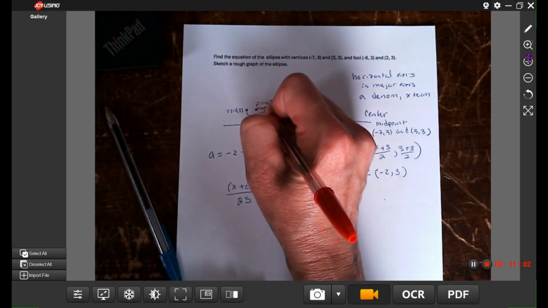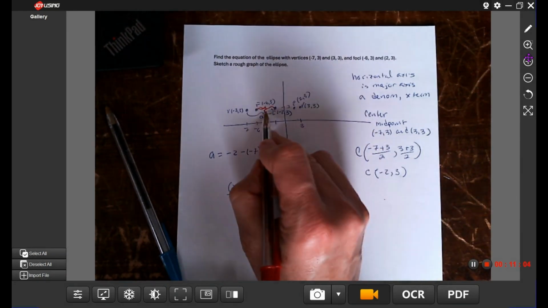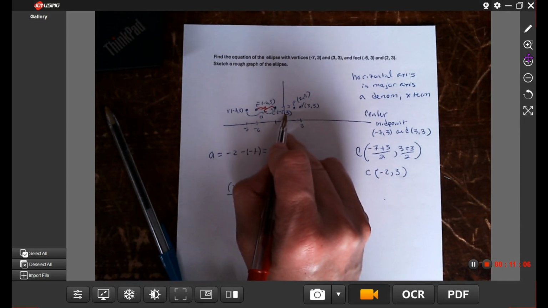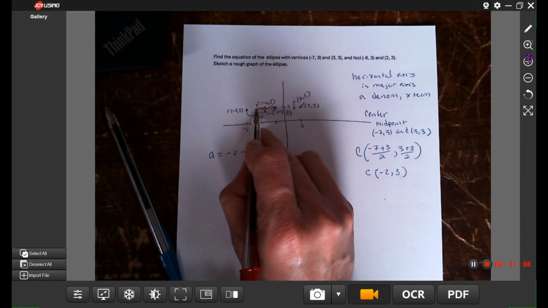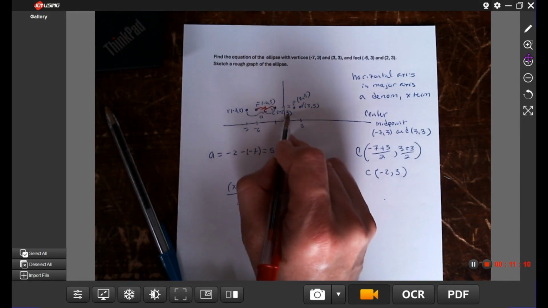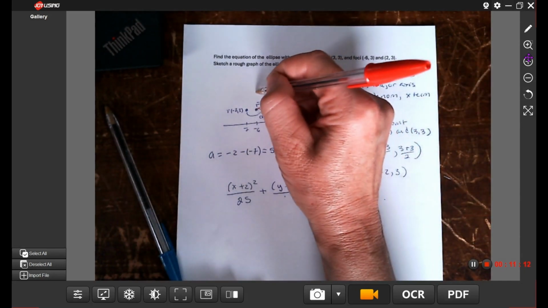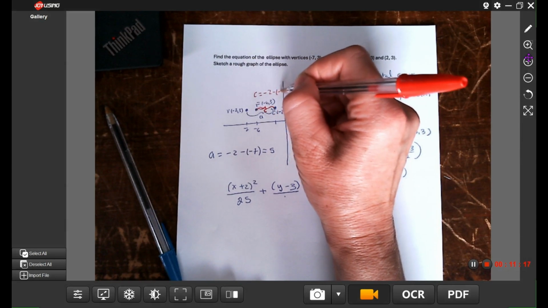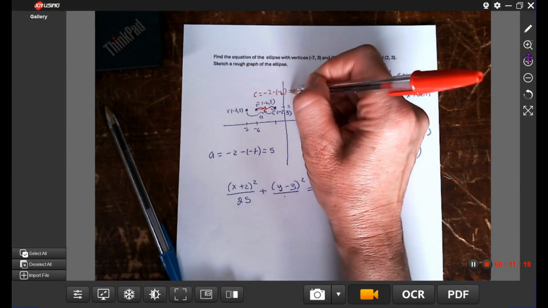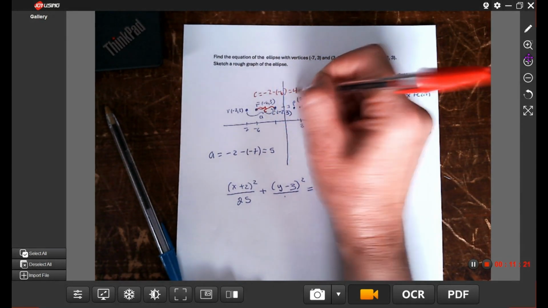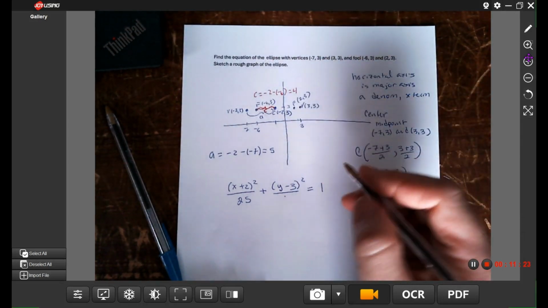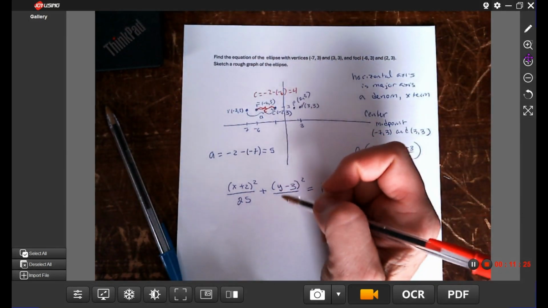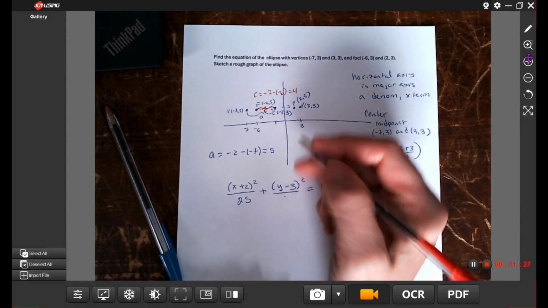So that distance is c. So let's figure out the distance between the center and this focus. So the y coordinates are the same, but the x coordinates are different. So c is going to be -2 minus -6. So that would be 4.